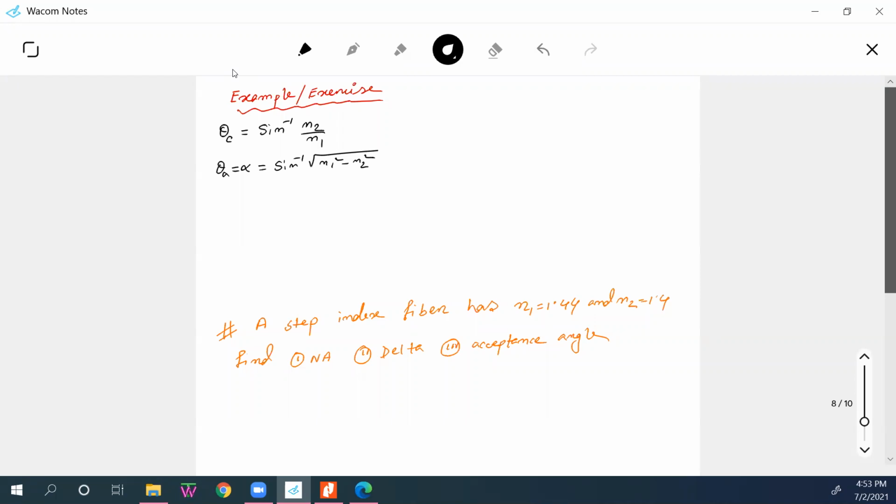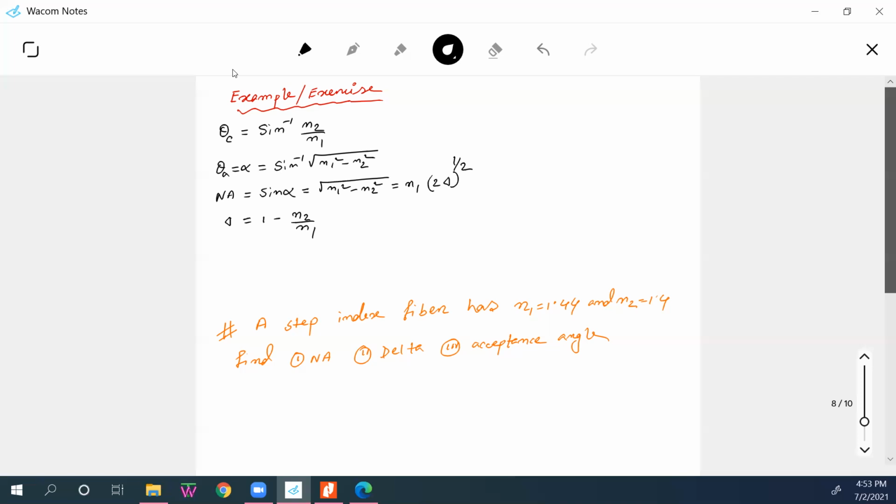Okay, and numerical aperture. Numerical aperture was sine alpha of the acceptance angle, which is the square root of n1 squared minus n2 squared, which is of course by this formula n1 root twice delta, and the relative refractive index delta is n1 minus n2 by n1.